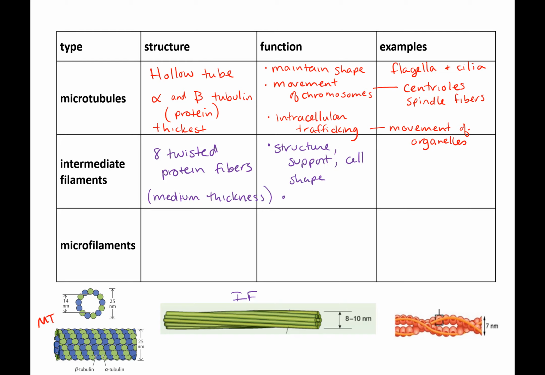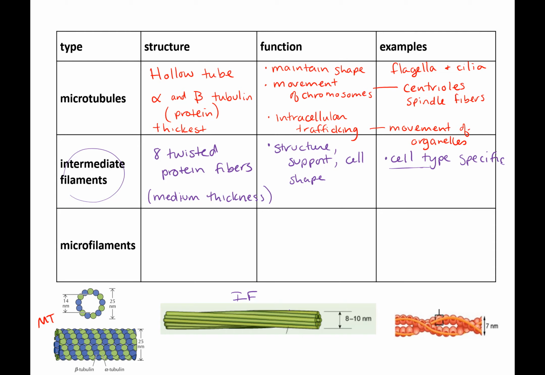And I just want you to know that they're very cell type specific. That's not really a function. Maybe we'll put that in an example. So they're cell type specific. And why I think this is interesting is if you have cancer that's metastasized, meaning cancer that's moved from its original location to somewhere else in your body, they can figure out where that cancer originated based on the type of intermediate filaments, because they're specific to specific cell types.